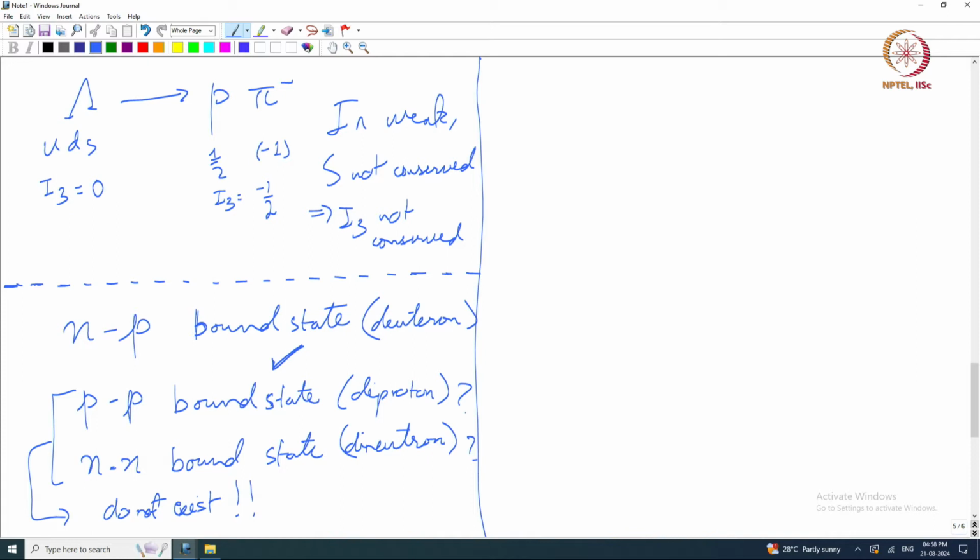Again, recall that I can write the proton in isospin space as (1, 0) and a neutron as (0, 1). Using your intuition from spin, if I were to form an isospin singlet using these two states, just like in spin I had an up state and a down state, what combination would form an isospin singlet?